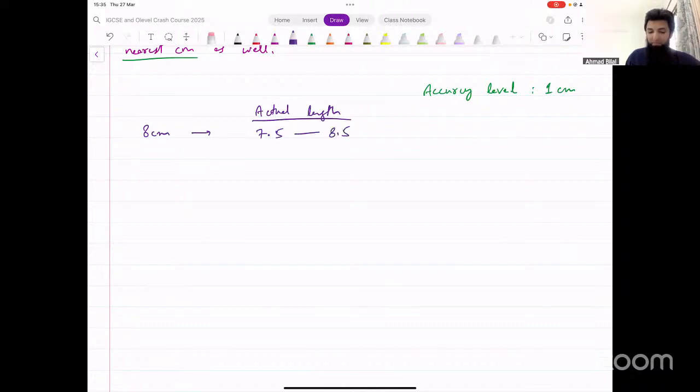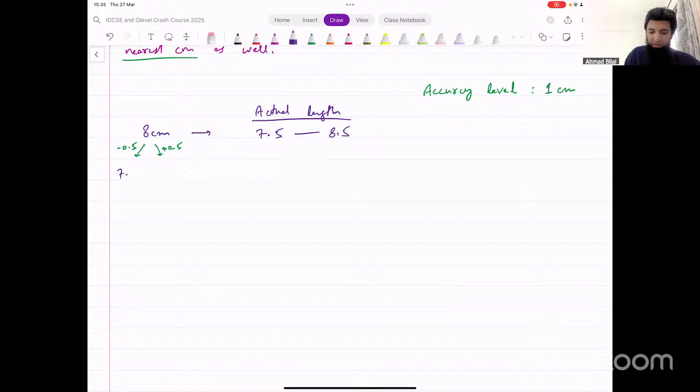In other words, we have a possible error in this length, and that error is basically 0.5 on either side. So from 8, you could go minus 0.5 to the left side and plus 0.5 to the right side. That gives you these possible values for the actual length.